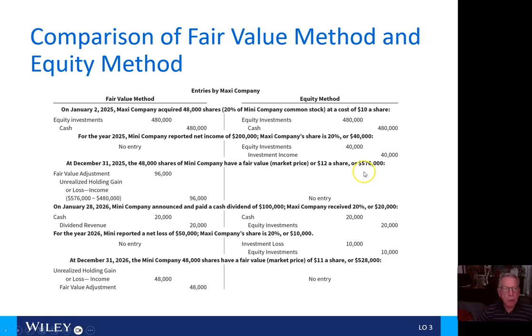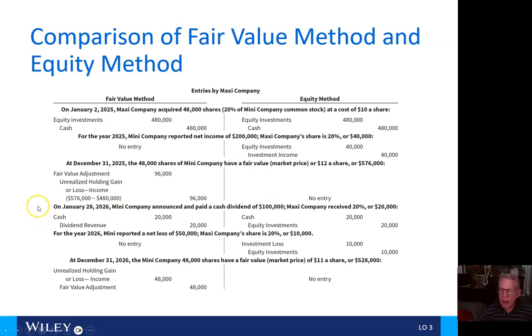So that difference between $480,000 and $576,000 is $96,000. Under the fair value method, we debit the fair value adjustment. Unrealized holding gain or loss is credited, that's in income, for $96,000. And no entry is required under the equity method.